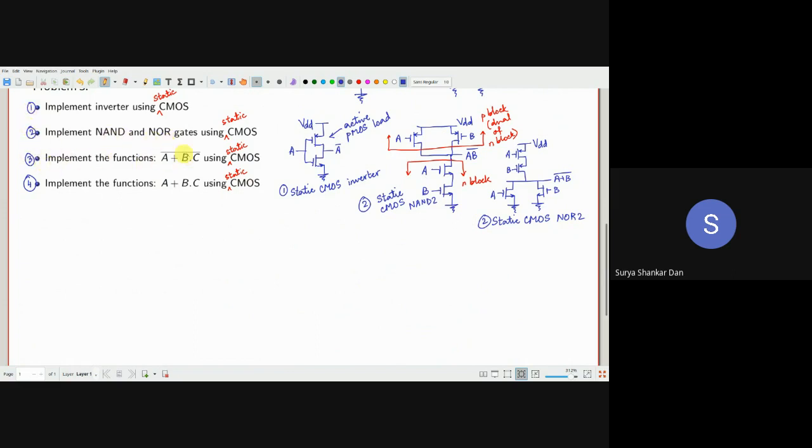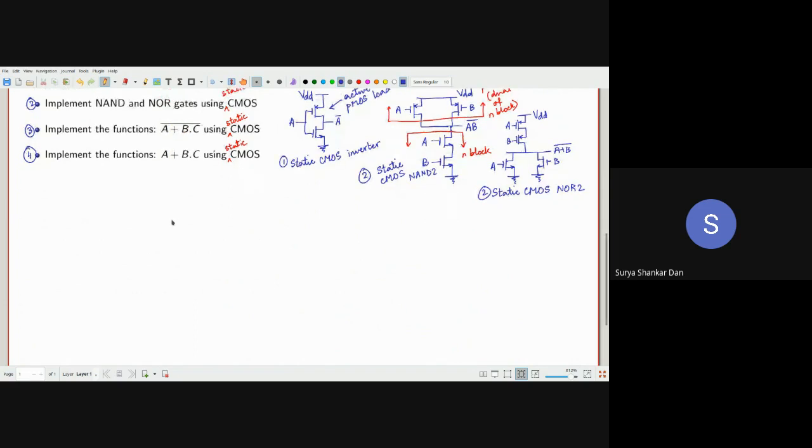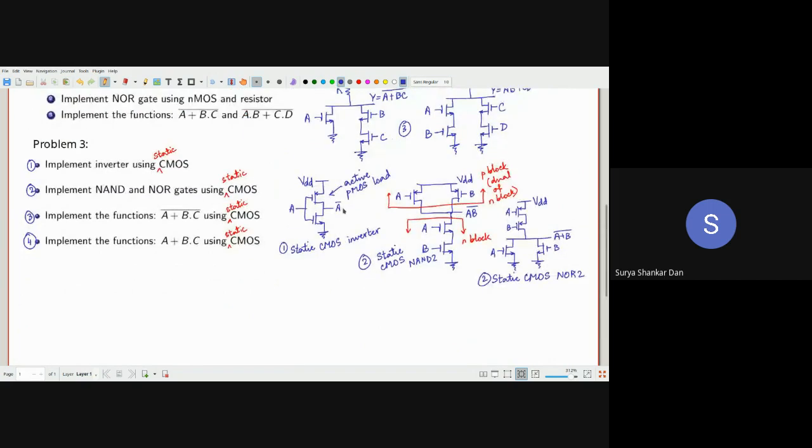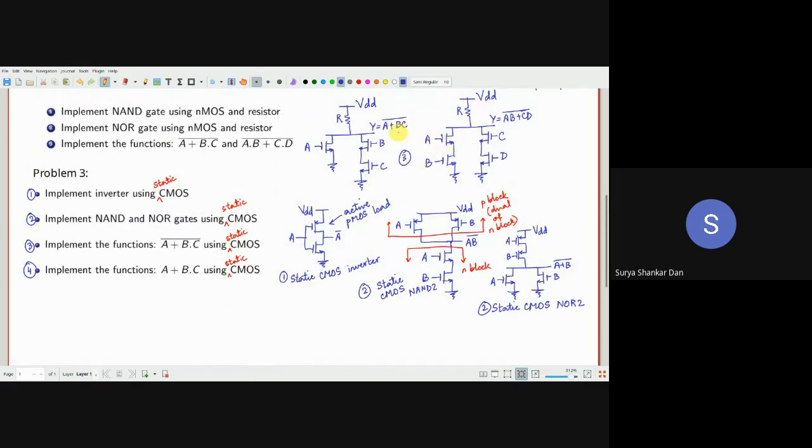Then problem number 3, A plus BC whole bar using static CMOS. So again, it's the same thing. Let's just copy this part so that we don't repeat what we have already done.